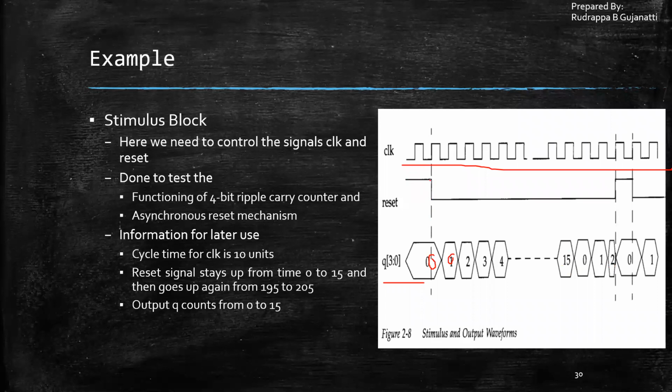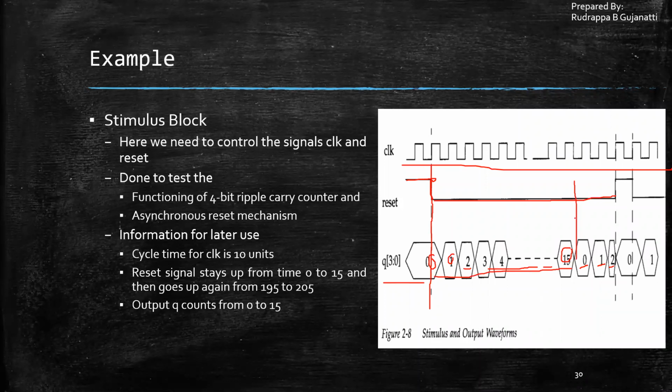Count starts whenever reset goes low. When reset is high, Q is always set to 0. That is what it intends. Reset is low from this point to this point, therefore Q is not made 0. It will be continuously counting, so you have the count up to 15 over here.